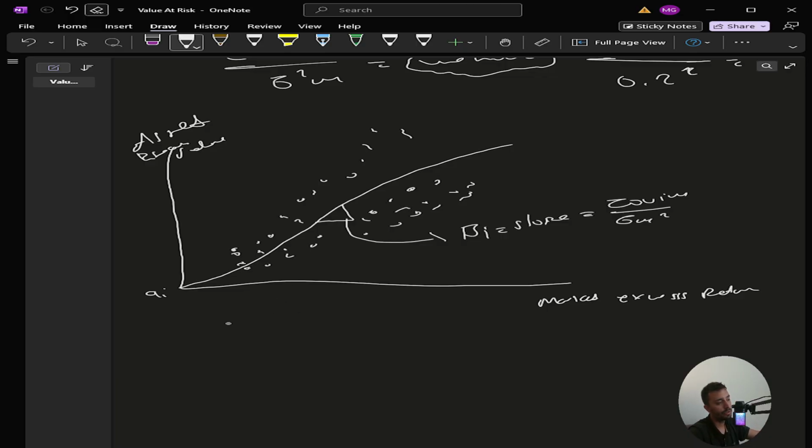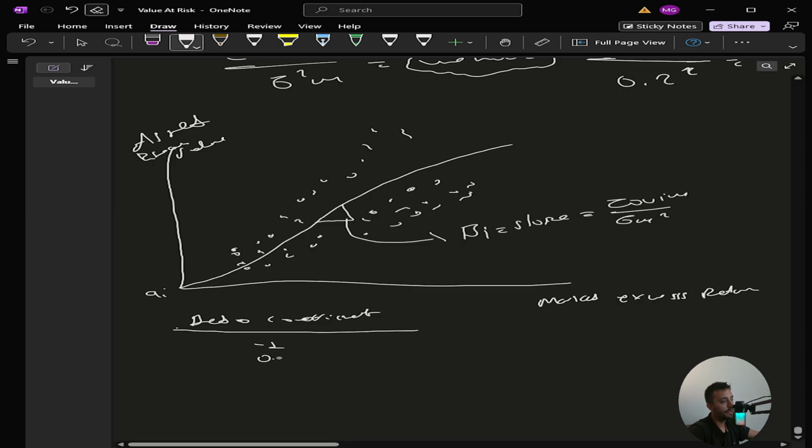If you have a regression result, you'll see beta captioned on your result, like this. This is your beta in the regression result.